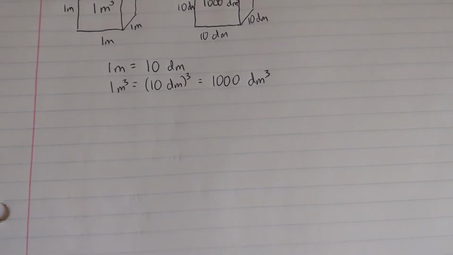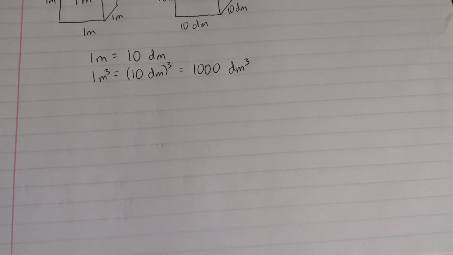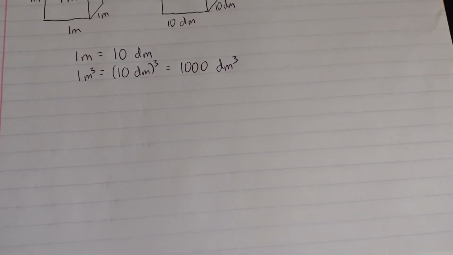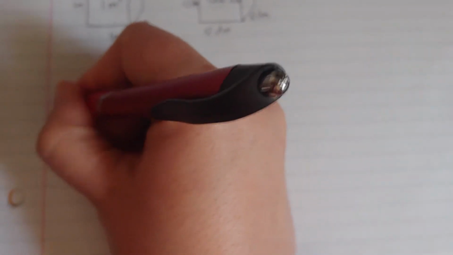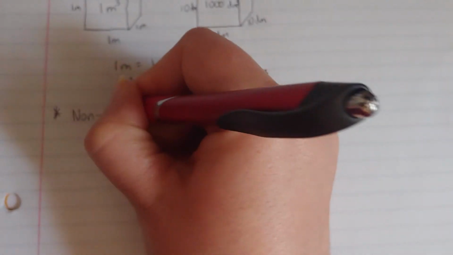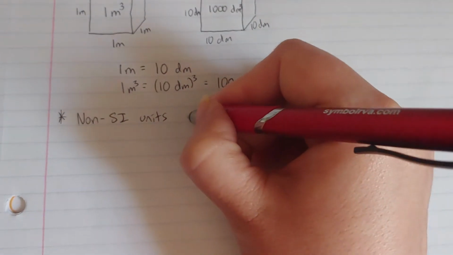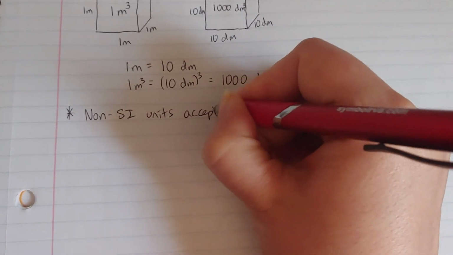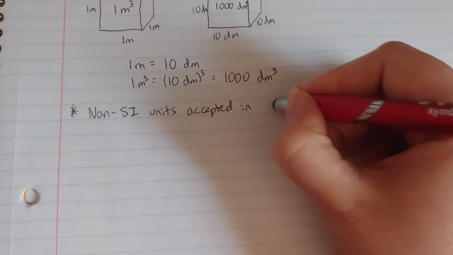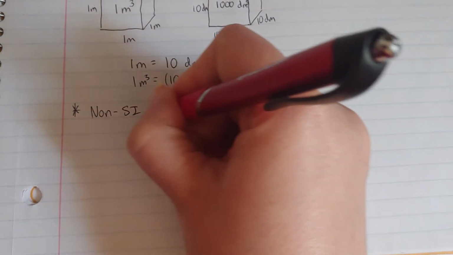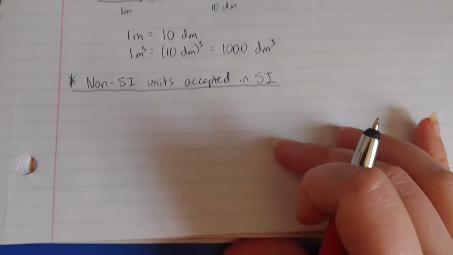However, we do have some non-SI units that are accepted because they are widely used in everyday life. So, non-SI units accepted in the International System of Units. There's only a few of these.